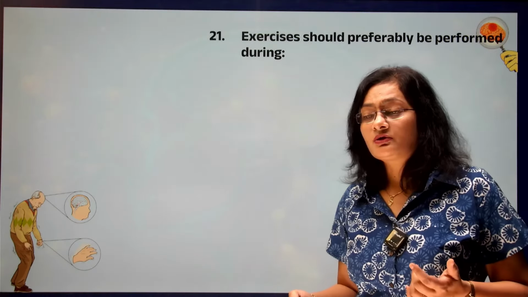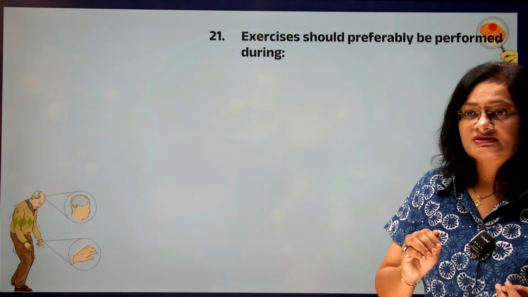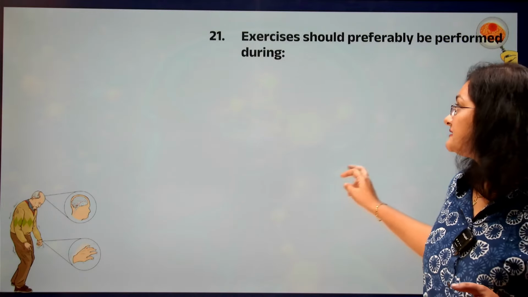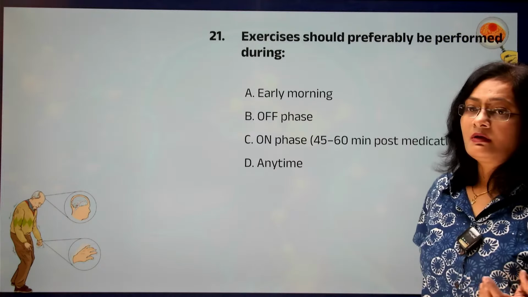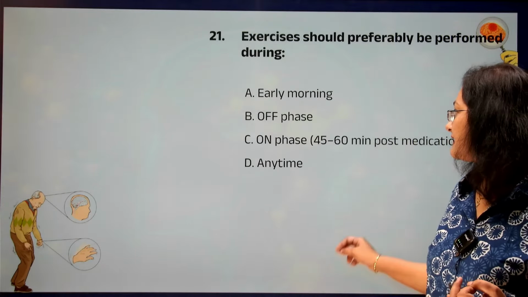After taking medicine, when the drug is at its peak reaction, you should advise the patient to do the exercise. The options are early morning, off phase, on phase, or any time.